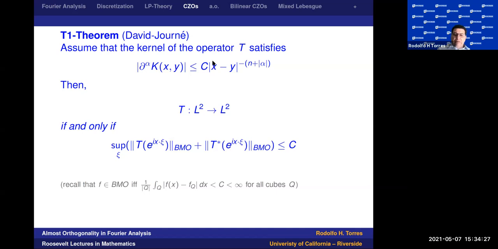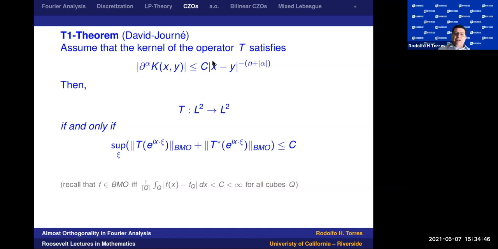Here I have the definition of BMO. If you haven't seen it, this is the space of bounded mean oscillation. You look at the difference between the function and its average on every cube, and that needs to remain uniformly bounded. If those are bounded by a constant C, then the operator is bounded in L2.